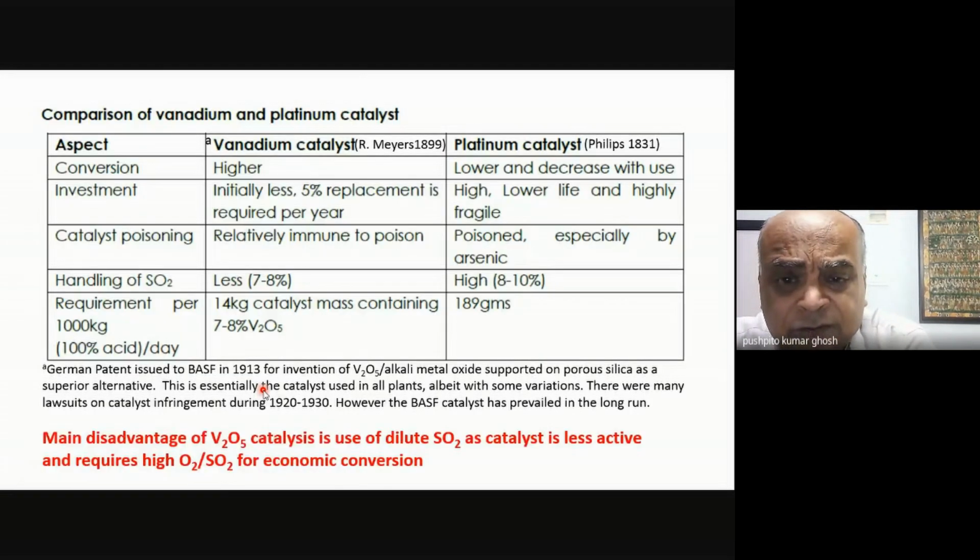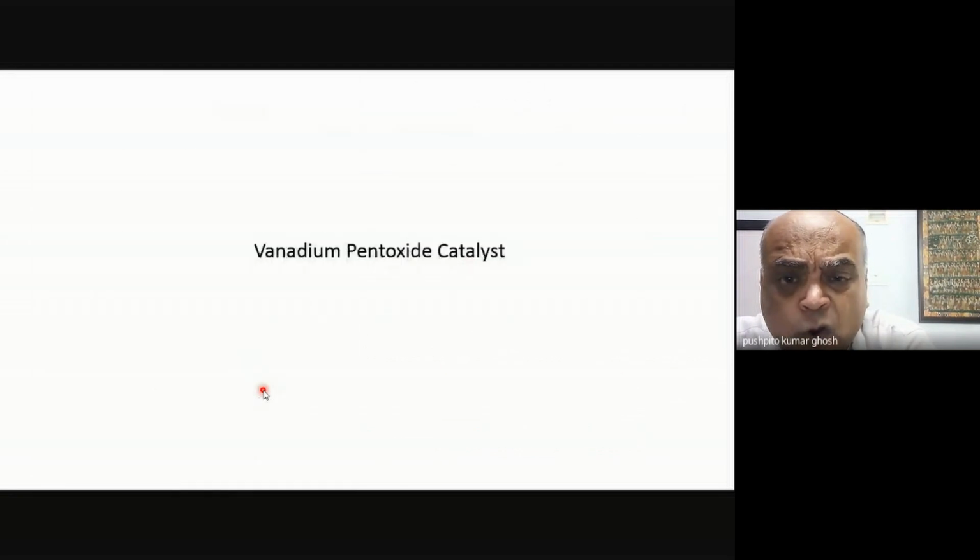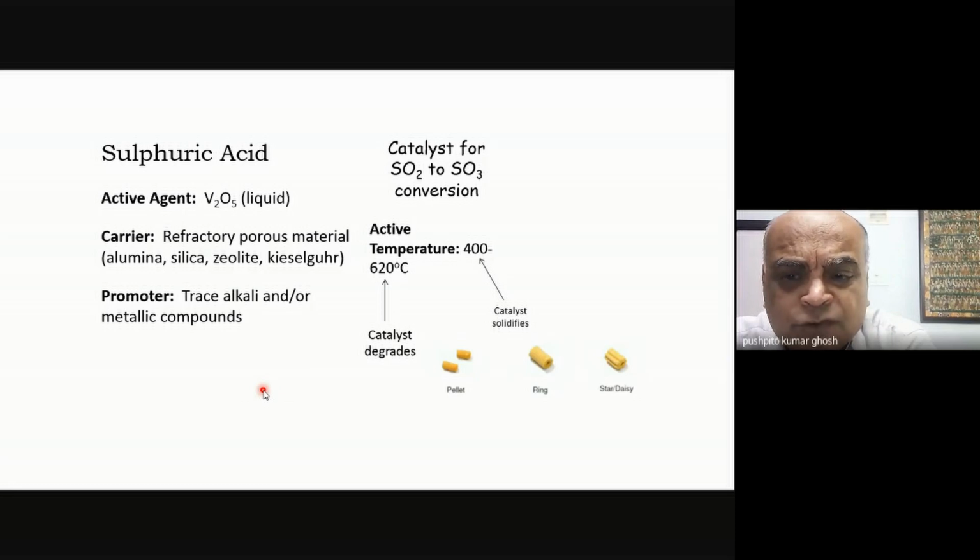In other words, the thermodynamics of the SO2 to SO3 process and the behavior of vanadium pentoxide as a catalyst and its physical form are almost like made for each other. They are a made for each other couple. It is just too beautiful. And if vanadium pentoxide has become such an exceptional catalyst, it's because of that reason.